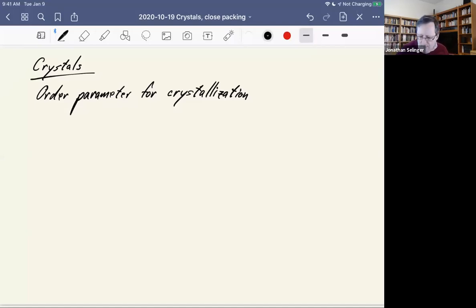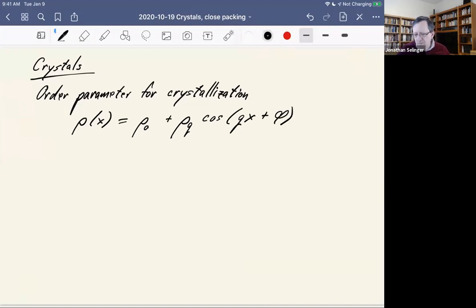So the density, rho of x, could be written as a constant plus some variation, a wave vector q times the cosine of qx plus a phase phi. And the phase is what gives the information about where the peaks are.